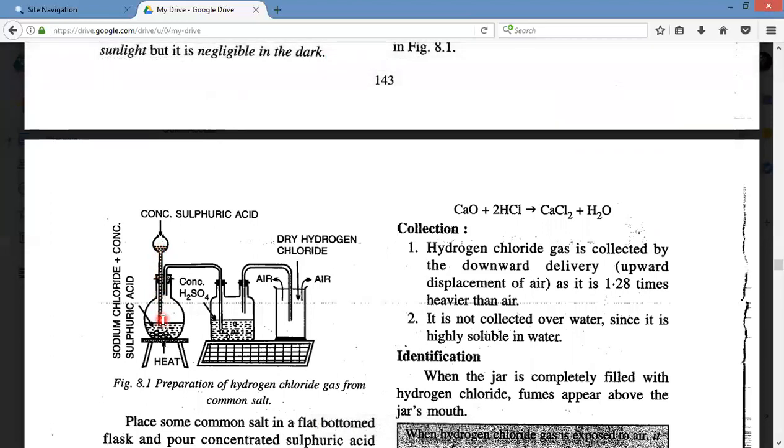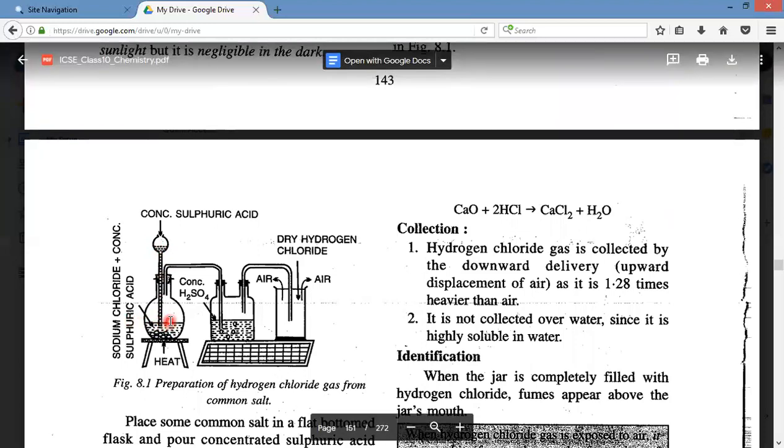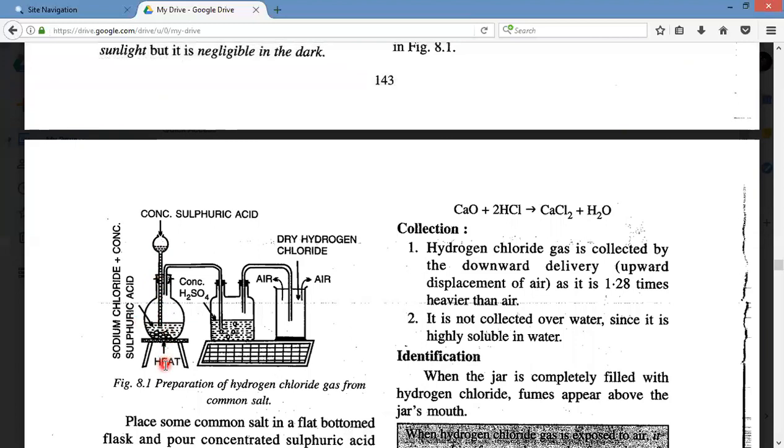Now, what happens during this process? First of all, we take sodium chloride in a round bottom flask, and the heating goes on simultaneously. The round bottom flask is used to maintain the heating process, meaning it can be used under conditions where the temperature is very high.